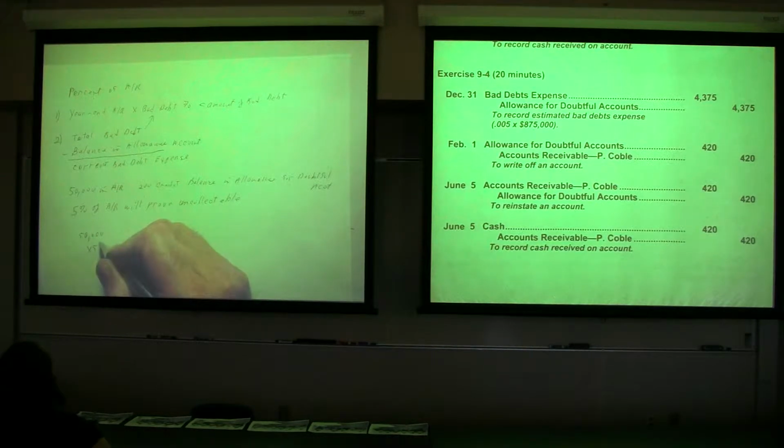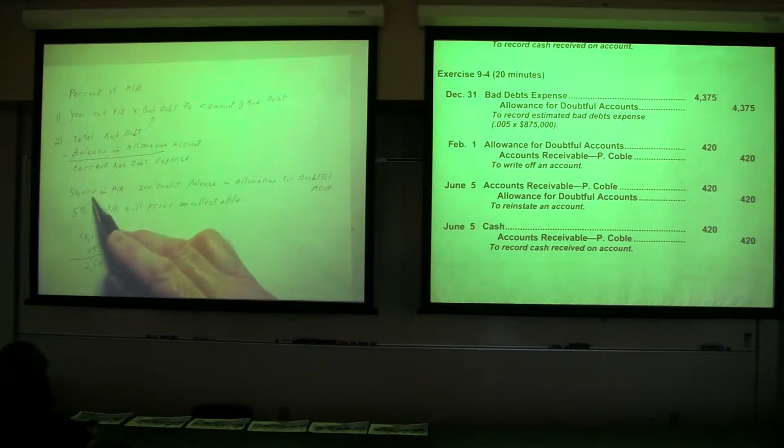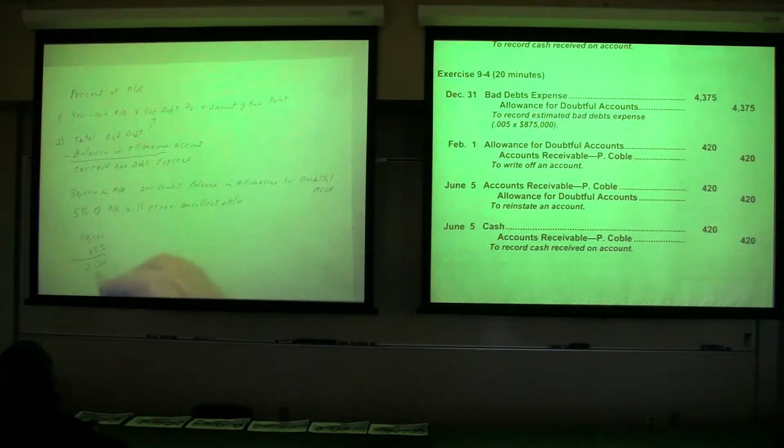Times 5%. So here's your accounts receivable, and you estimate that 2,500 will prove to be uncollectible. Now, what you do is you take this 2,500, you subtract the 200 current balance, and you make an adjustment of 2,300.